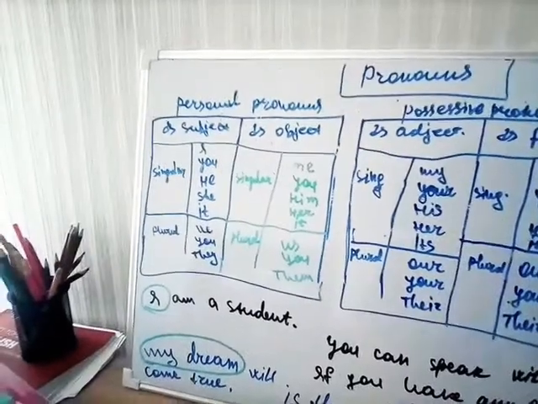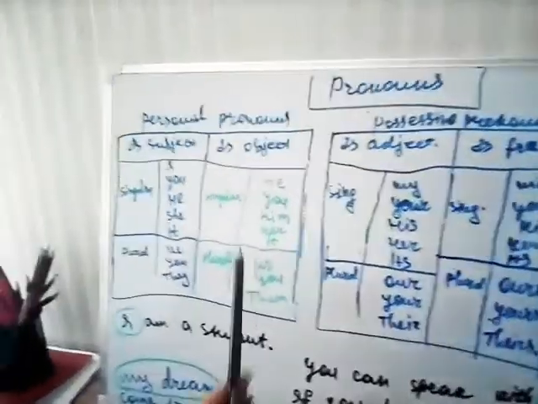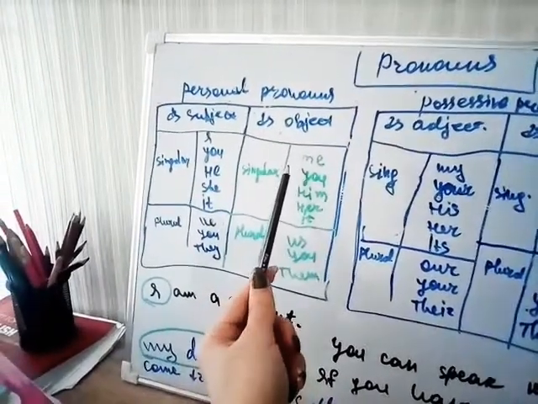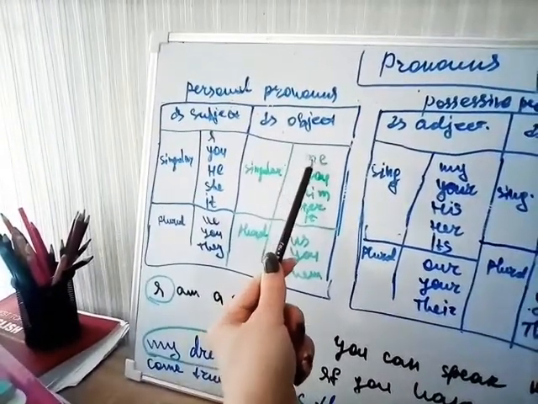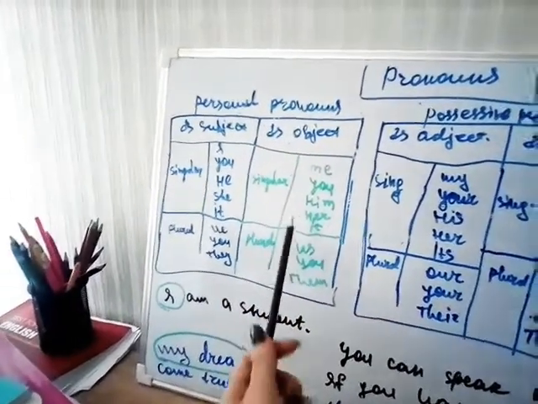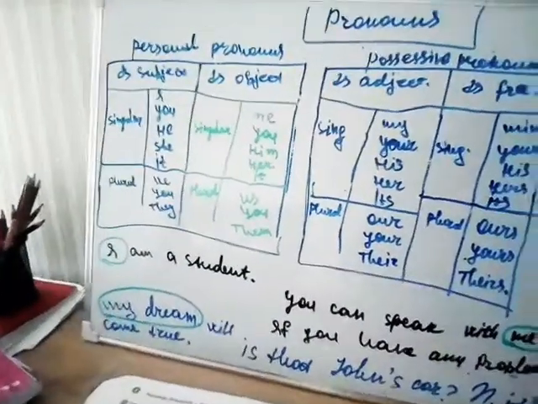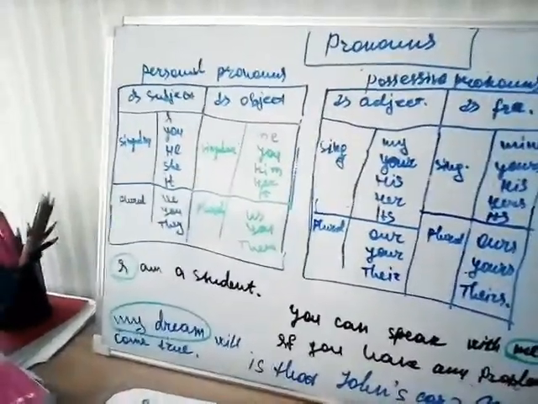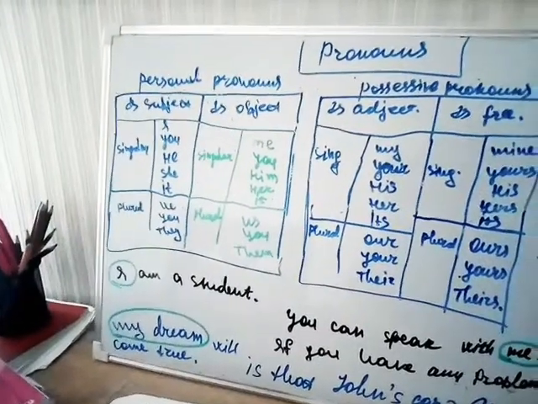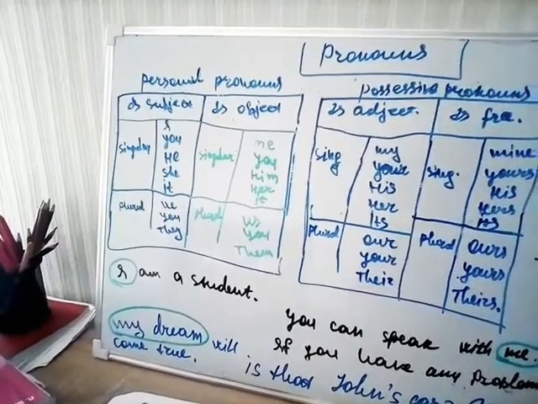That's the first. What about object pronouns? First of all, you must know which ones we call object pronouns. Object pronouns are me, you, him, her, it for singular, and for plurals, us, you, them. Let's see where we can use them. We can use them as an object in sentences.